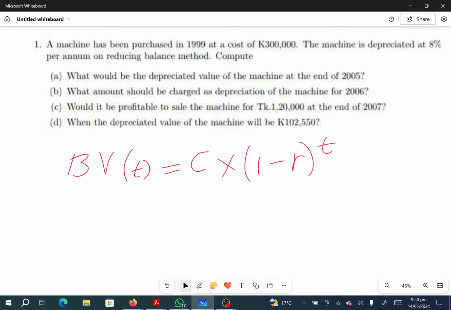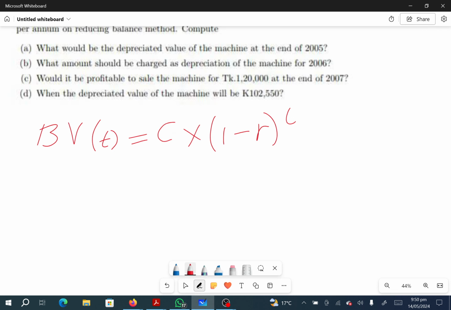The book value we have already been given as 102,550, is equal to the initial cost of this machine, 300,000, multiplied by 1 minus c.